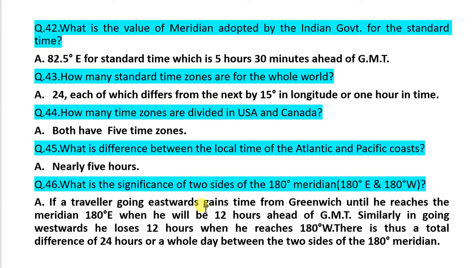If a traveler going eastwards gains time from Greenwich until he reaches the 180 degree meridian, he will be 12 hours ahead of GMT. Similarly, in going westwards, he loses 12 hours when he reaches 180 degrees west. There is thus a total difference of 24 hours or a whole day between the two times of the 180 degree meridian.